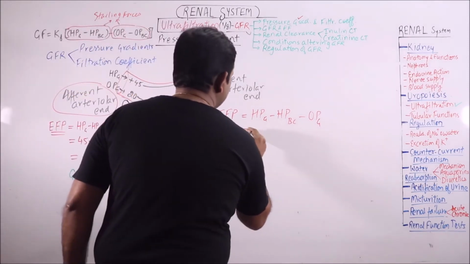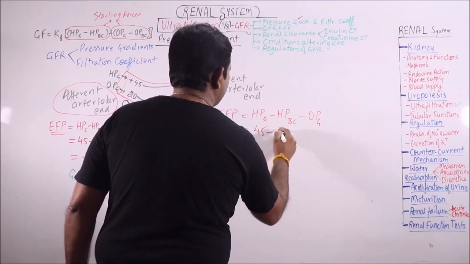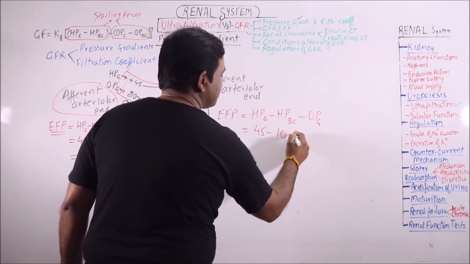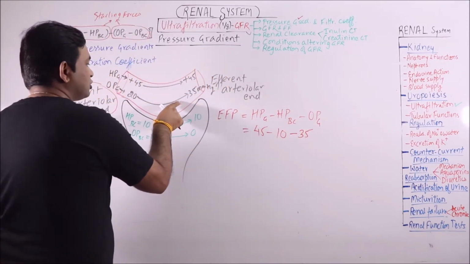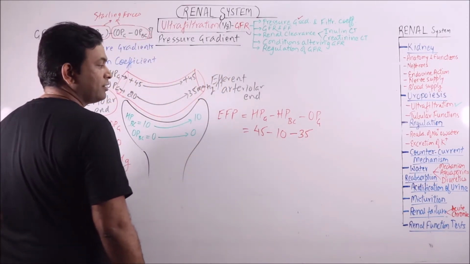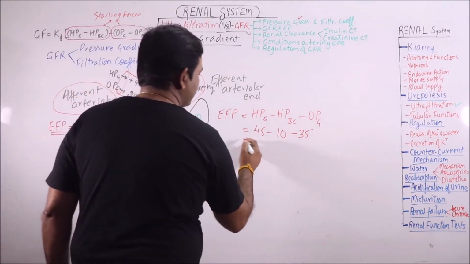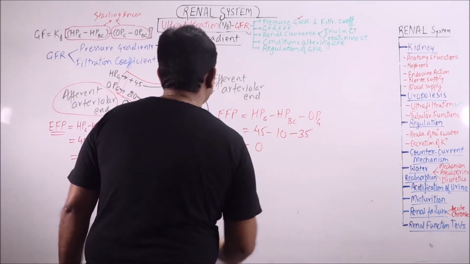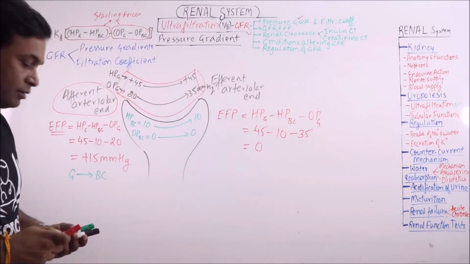If we calculate this, it comes out to be 45 minus 10 minus 35, because osmotic pressure is increased to 35. As the fluid will come out, the concentration or the osmotic pressure will increase. Now net movement is 0 as the effective filtration becomes 0.